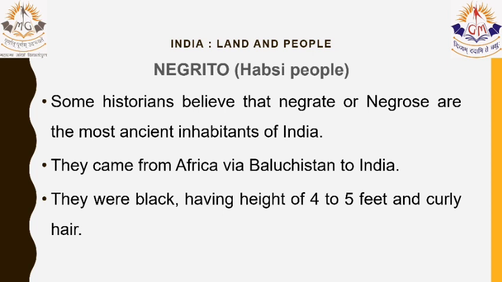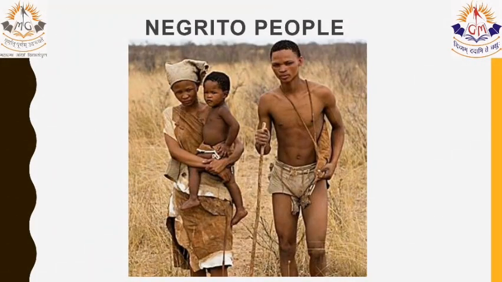They were black, their skin color was black, they had a height of 4 to 5 feet, that is an average height, medium built, and they had curly hair. Now let us have a look at the Negrito people and how they look. In this picture you will be able to see a male and a female Negrito.